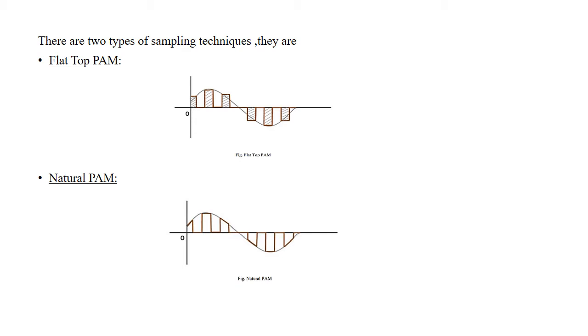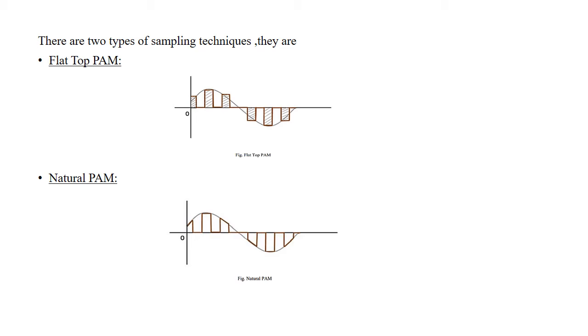There are two types of sampling techniques: flat top PAM and natural PAM. The first one, flat top PAM, means the amplitude of each pulse is directly proportional to the modulating signal amplitude at the time of the pulse occurrence.